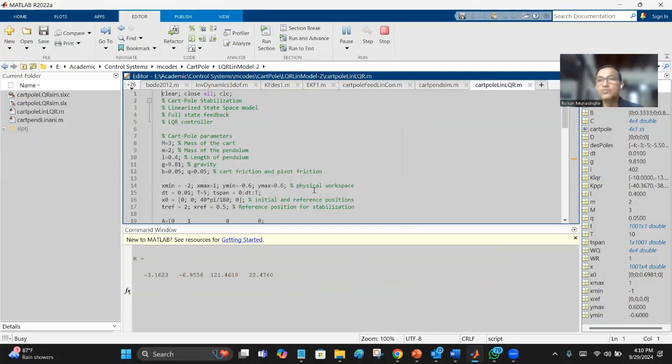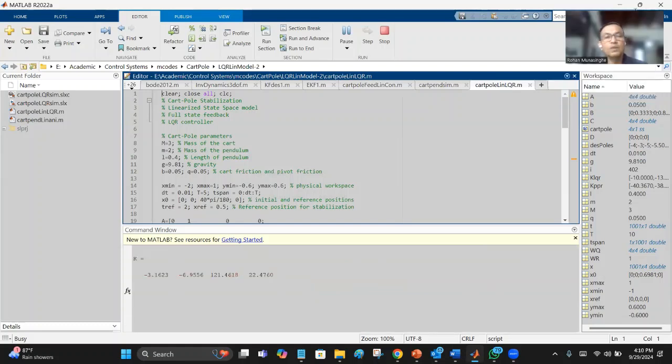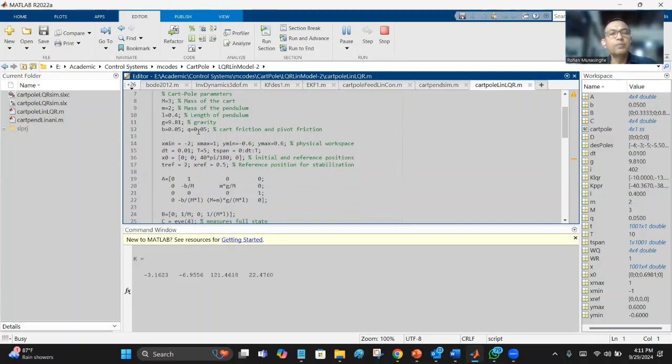So let me run this for you to show you the system with feedback control, right? So this is a linear quadratic regulator in action. Try to stabilize the inverted pendulum and move the cart to a desired point. Again, you can see over here the same system.